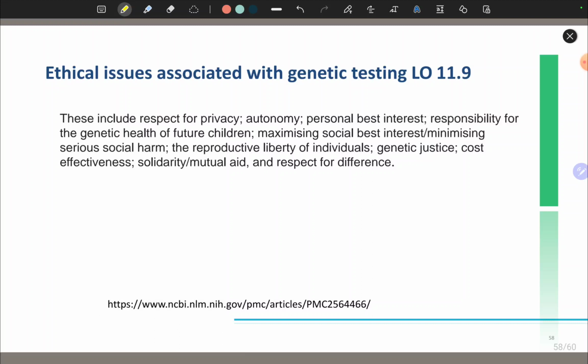So these include the respect of privacy, autonomy for this person, the couples, or for the baby himself, personal best interest, responsibility for the genetic health of the future children, maximizing social best interest, minimizing serious social harm, and reproductive liberty of the individual.